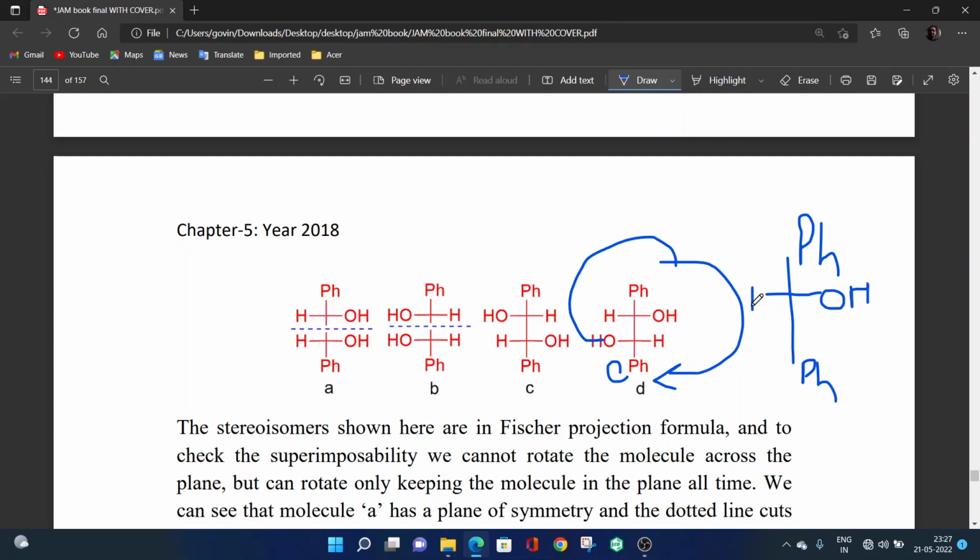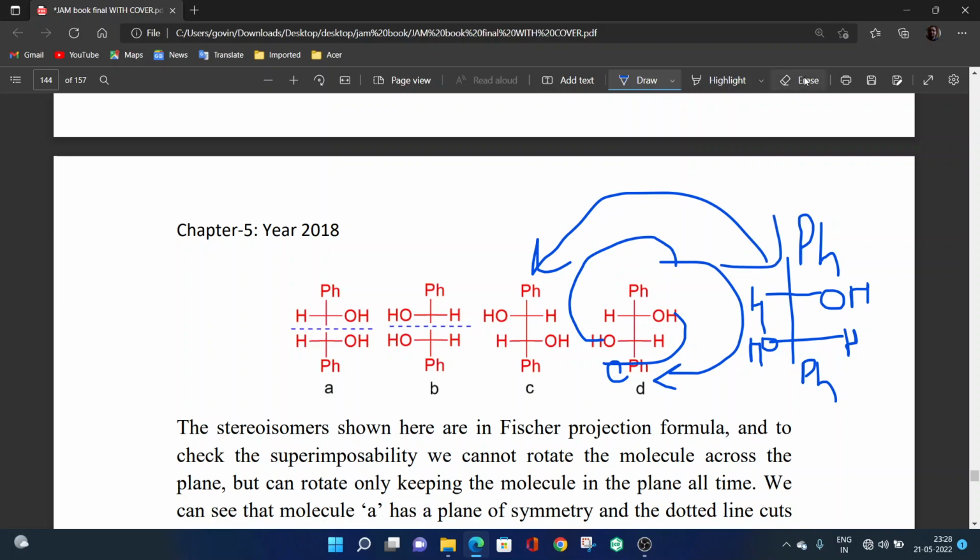Once you're clear, then only move forward, please. Similarly, this also has rotated 180 degrees. So this OH has come to the left side and H on the right side. Fine. Now look, we are not getting the same thing. That means these two are not superimposable on each other. So these two are a pair of enantiomers.